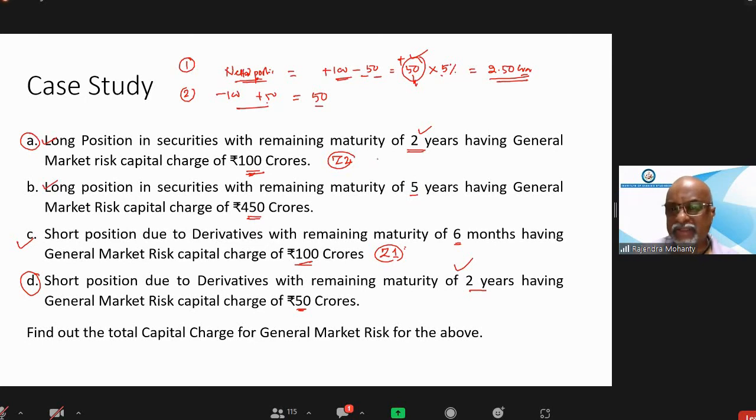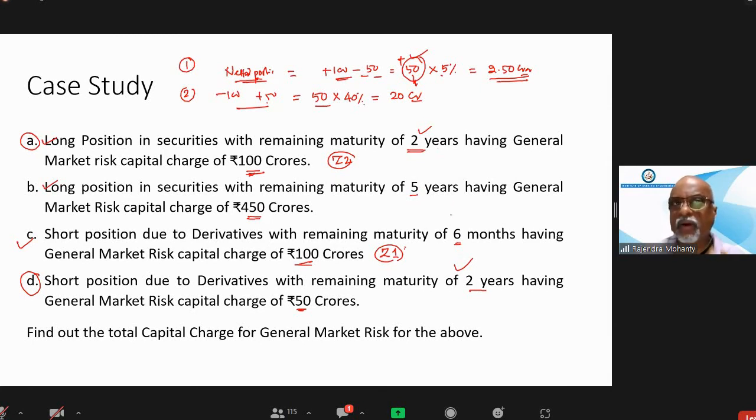So now this horizontal allowance will be between zone 1 and zone 2. What is the percentage for that? 40%. So 50 crore, 40% is how much? 20 crore. So we have done this horizontal allowance with the lowest maturity and the next nearest one.